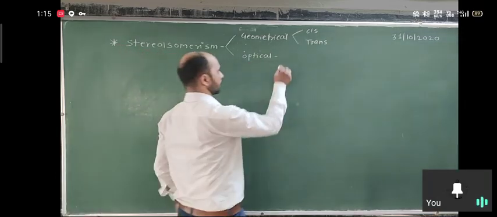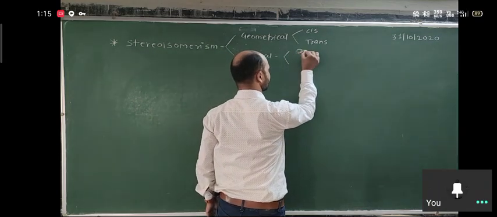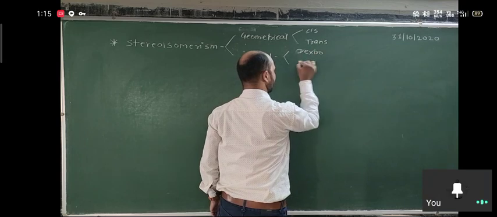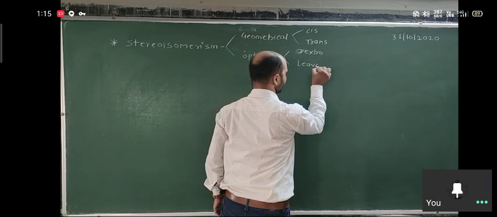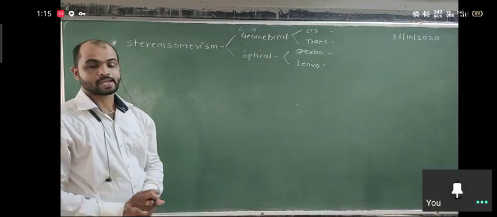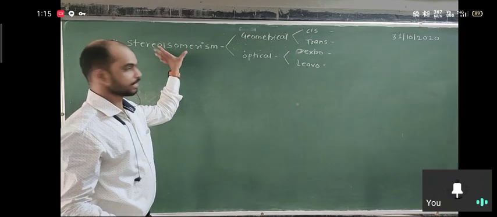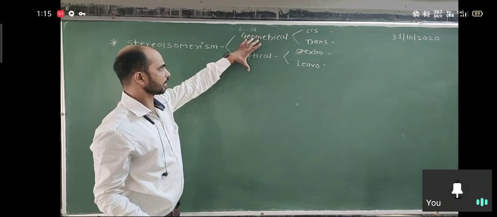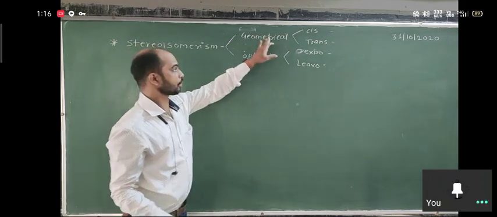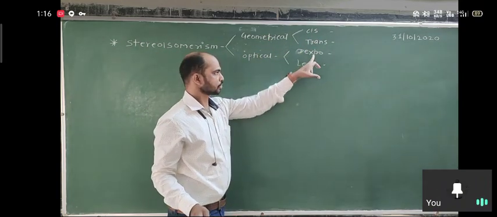In optical again there are two different types, dextro and Leo. Okay, so these are the types of stereoisomerism. Stereoisomerism is classified into two different types, geometrical and optical. Geometrical means either it may be cis or trans. Optical has dextro and Leo.